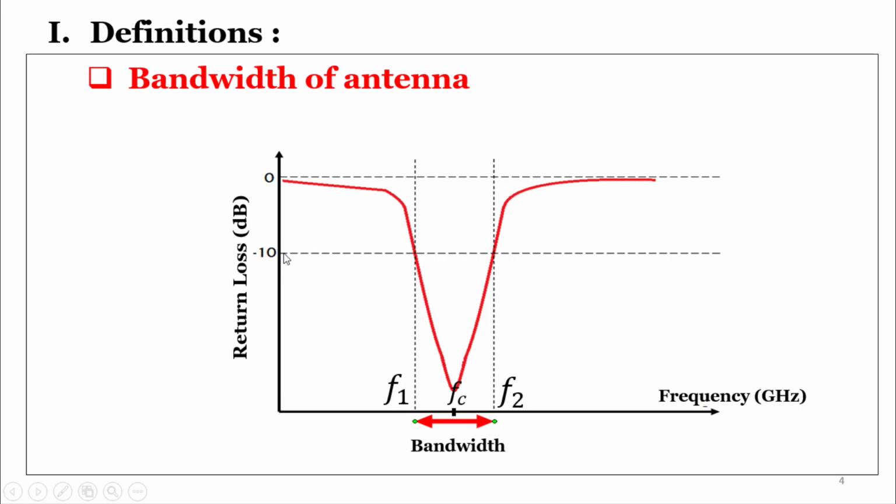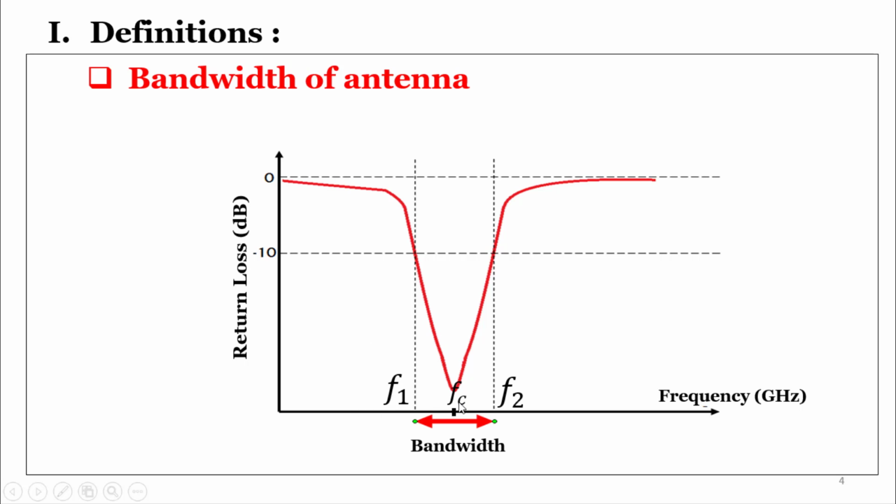If we have a return loss inferior to minus 10 decibel, we can talk about the bandwidth of our array antennas. For this example, the bandwidth of our antenna is between f1 and f2. This is the bandwidth of our antenna.